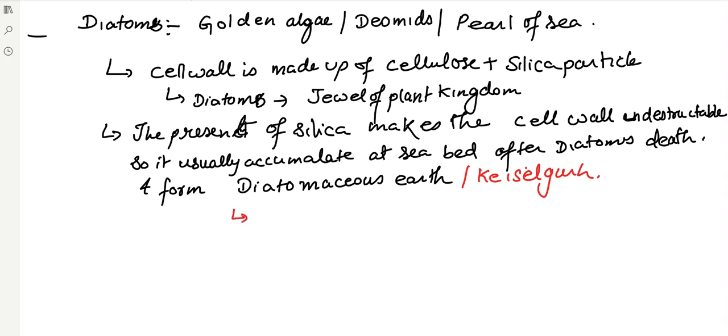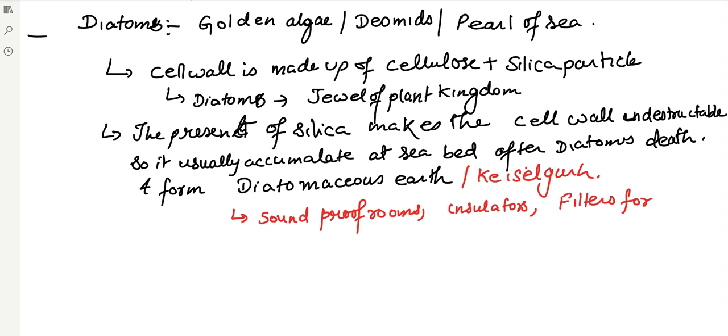Diatomaceous earth can be utilized in functions like making soundproof rooms, making insulators, making filters for brewing industries especially.